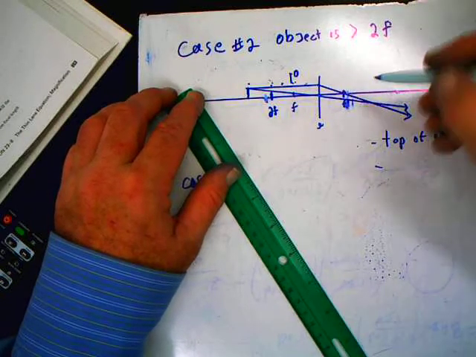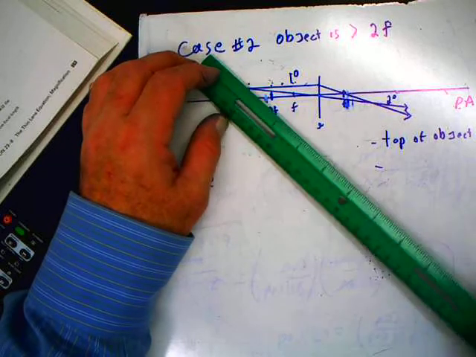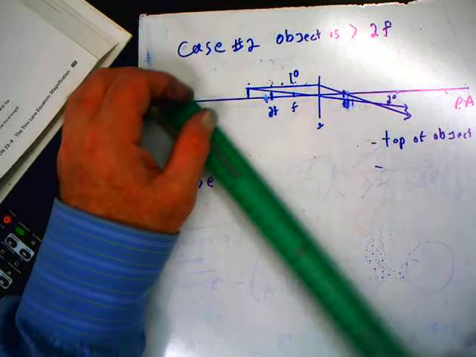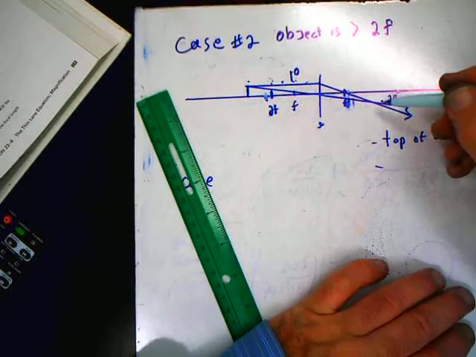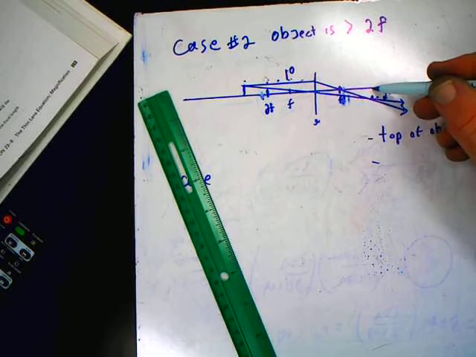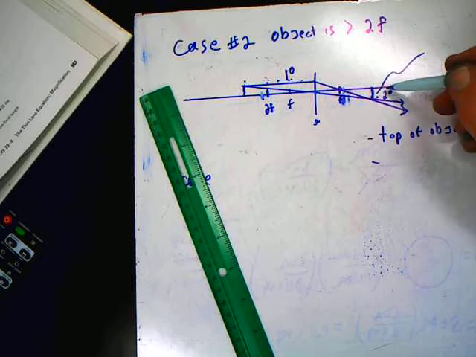That's the secondary ray. And the tertiary ray goes, well, that's all you really need. Now, this is where the two rays meet. So, guys, here's the image.